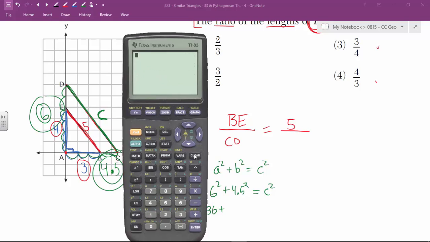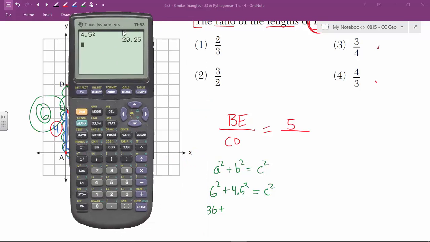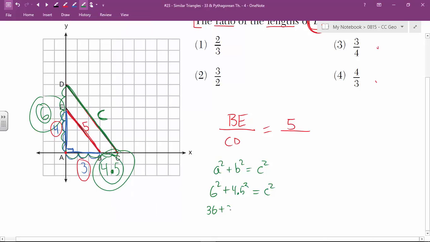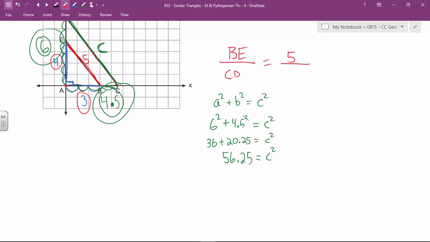Let me clear that. So 4.5 squared is 20.25. Let's just add 36 to that, so I have 56.25 equals c squared. And since I'm solving for c, I've got to get rid of that square by using the inverse operation.